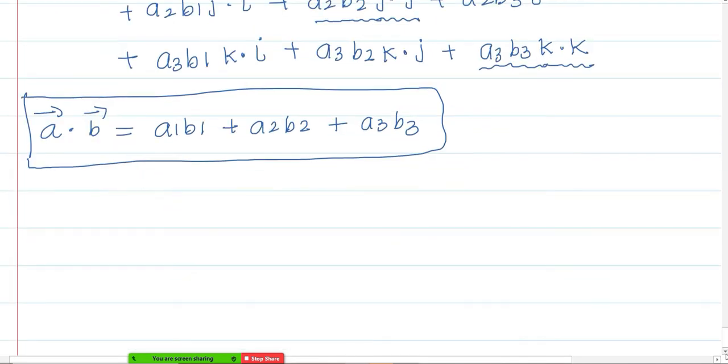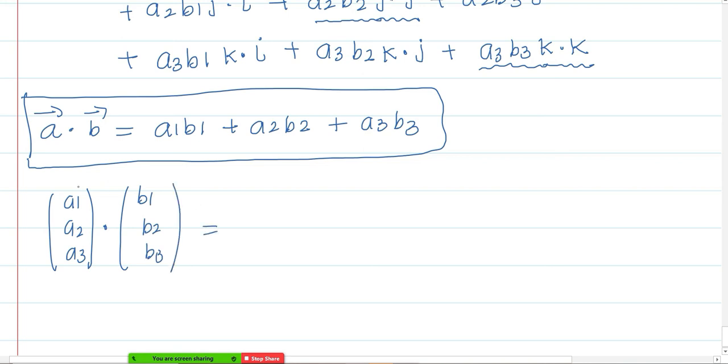To find the dot product of two vectors, we are going to follow this strategy. A vector is nothing but A1, A2, A3, remember? And B vector is B1, B2, B3. So to find dot product, just multiply A1 B1, A2 B2 and A3 B3. That's it.